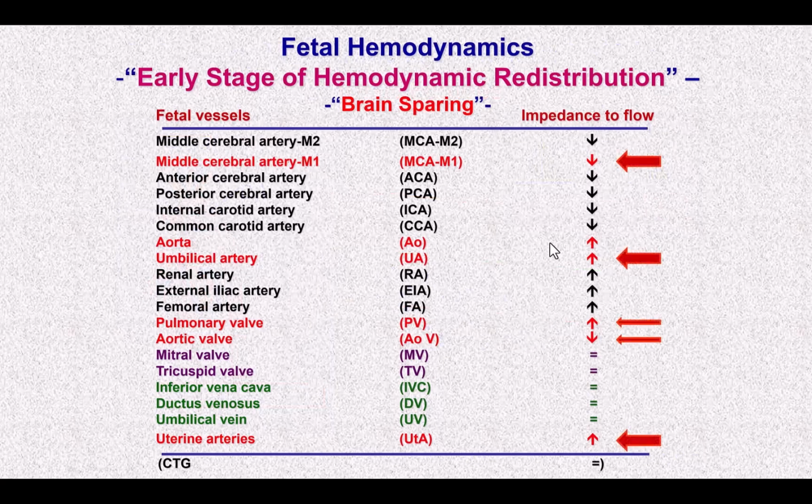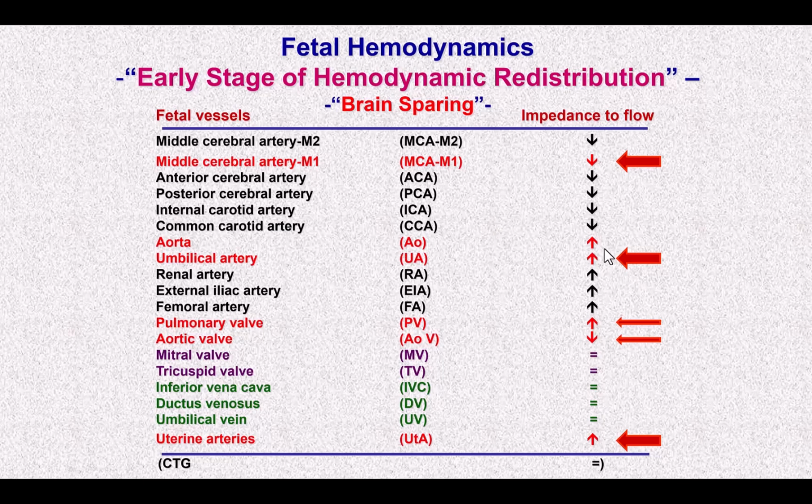I underline some hemodynamic aspects that are more important for clinical practice, and particularly we can see the reduction in impedance to flow in the cerebral district, particularly using the middle cerebral artery in the proximal portion.